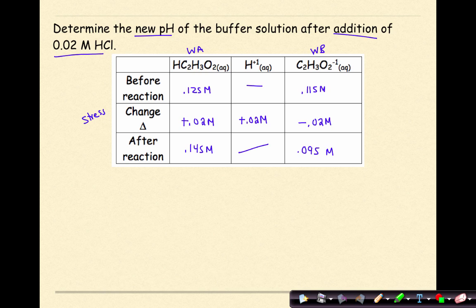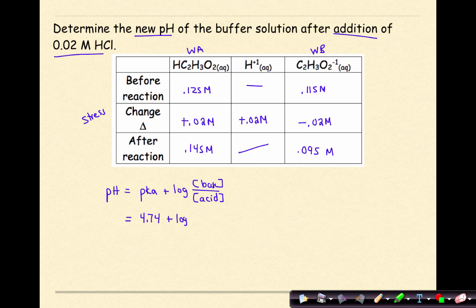So the question now is, well, what's the new pH? So we're going to say pH is equal to the pKa plus log concentration of base over the concentration of our acid, because we should always write our formulas out. So we know from the work that we did on the previous slide that our pKa is 4.74 plus the log. Now what we're going to use is our new concentration after we've neutralized the incoming hydrogen ions.